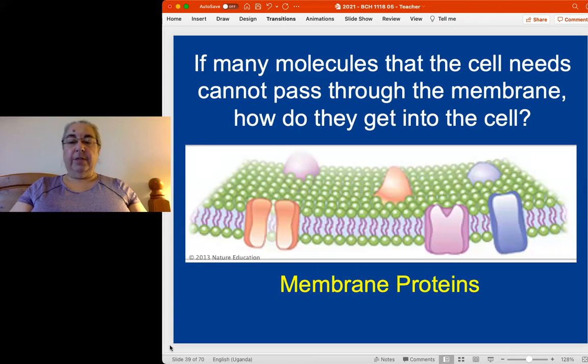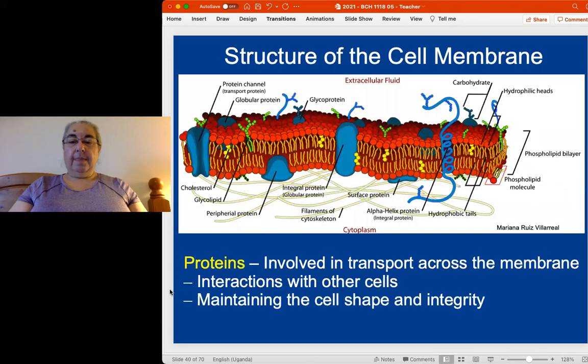And very important in this process are those membrane proteins. Okay, so proteins, we've already seen, have a number of different functions. They can be involved in transport across the membrane. And if we look at this diagram we've seen before, notice that this protein has a hole through the middle.